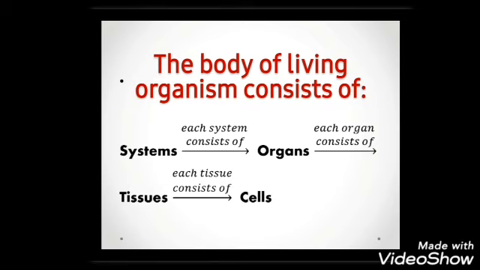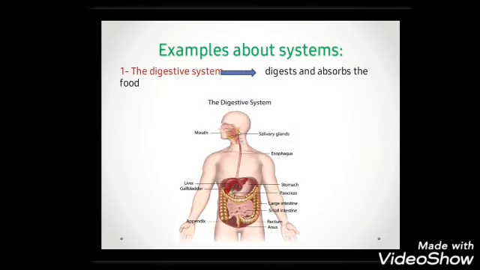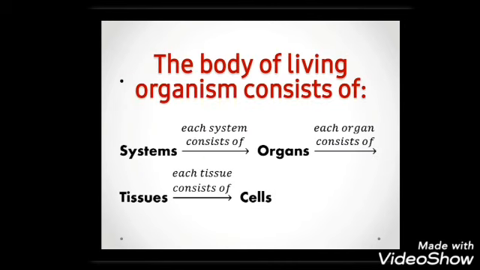So each system consists of a group of organs, and each organ consists of a group of tissues, and each tissue consists of a group of cells. You have to know that the cell is the smallest building unit in the human body.